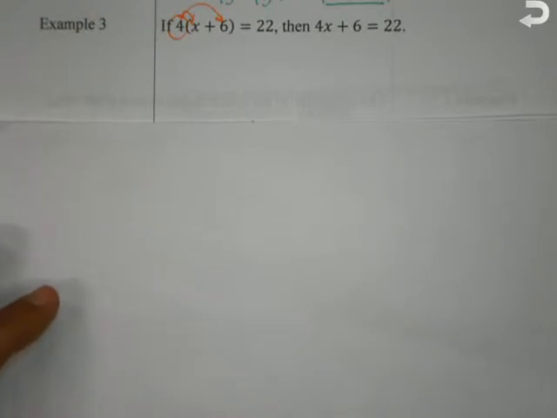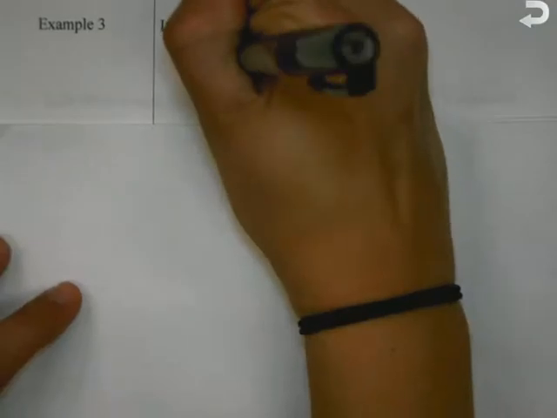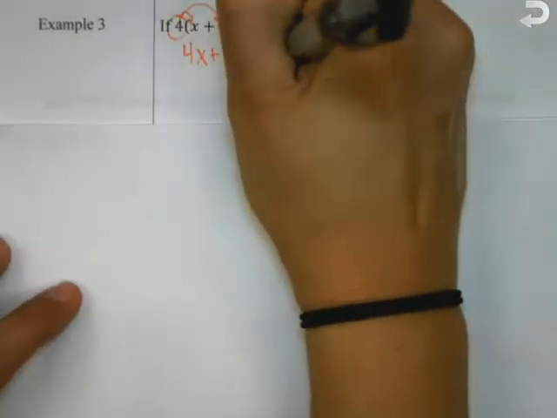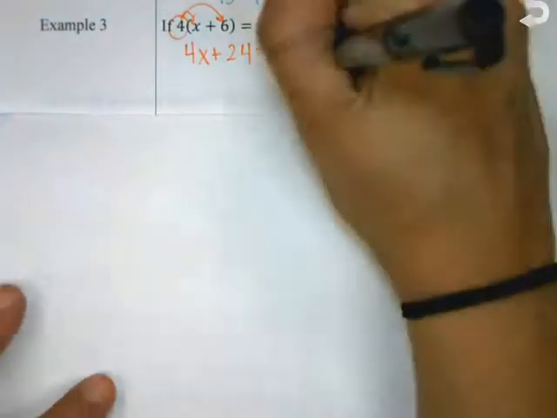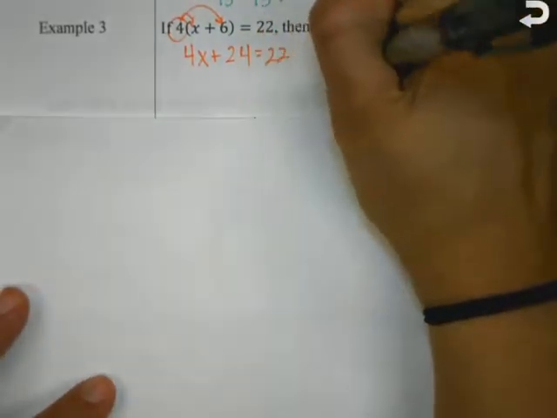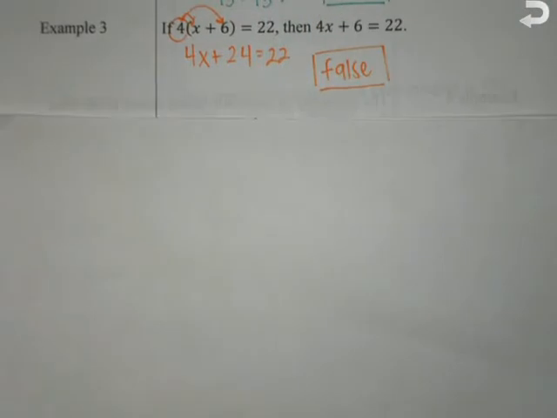And what would that give me? 4x plus 24. 4x plus 24 equals 22. So that's good enough for showing your work. Obviously, these two are not the same thing, so the answer is false. Okay? You could have also written in words they did not distribute the 4 to the 6. Okay, so you could have also written it in words if you prefer. Alright?